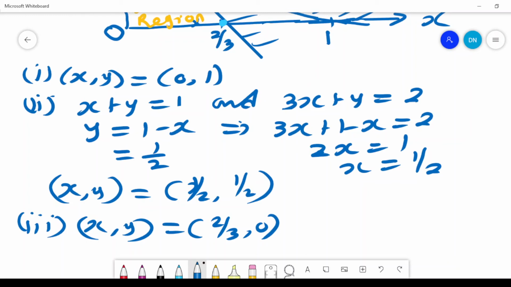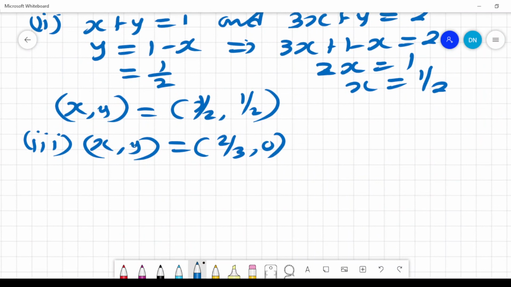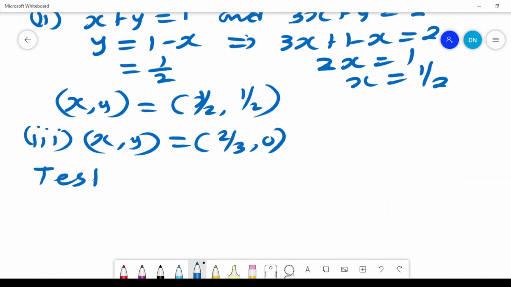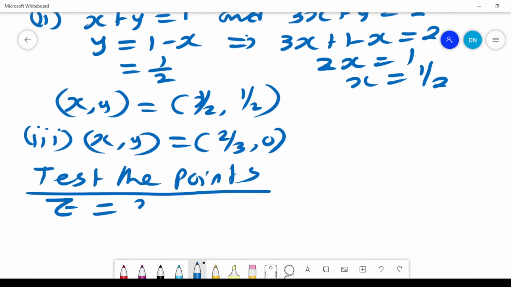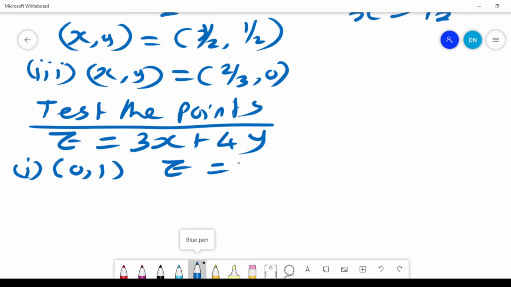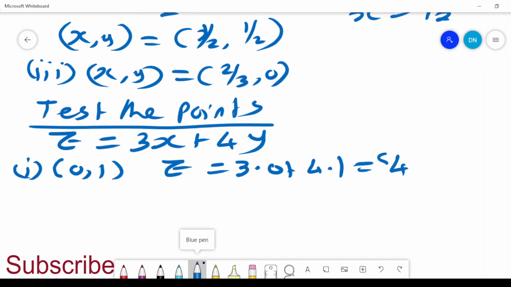The point now is we want to find the set of points that minimizes, but we want to remember that we need to use each of the products, so we want to test the points. And z is given by 3x plus 4y. In the first case, the set of points 0, 1, z will equal 3 times 0 plus 4 times 1, which is $4.